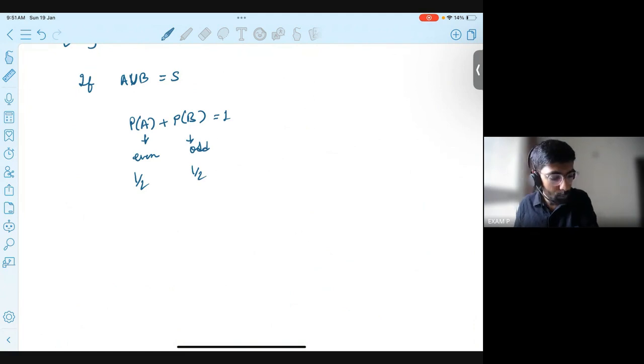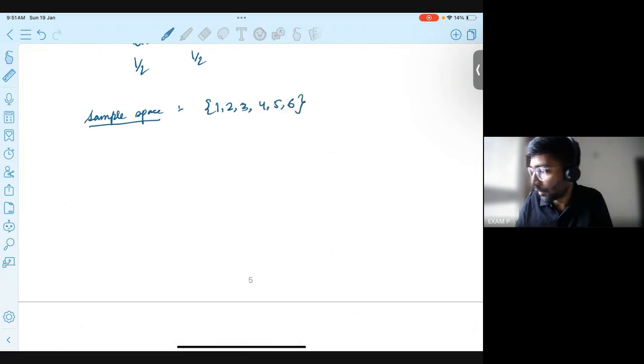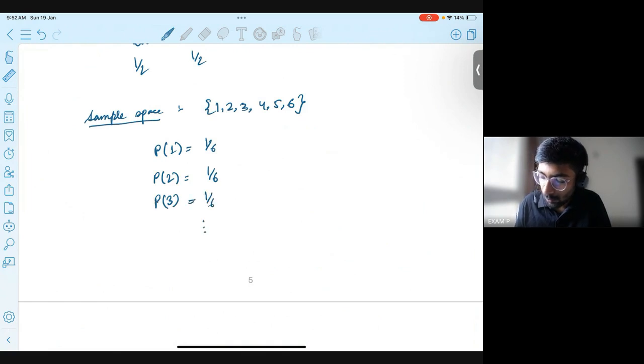Now, what is a uniform probability function? A uniform probability function is when, in the sample space, all the outcomes have the same probability of occurring. Here, the probability of getting a 1 is how much? 1/6 if you throw a die. Similarly, the probability of getting outcome 2 is also 1/6, of 3 also 1/6, and so on up to the probability of getting a 6 when you throw a die, which is also 1/6.